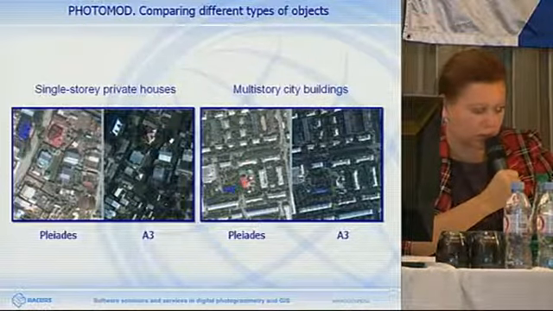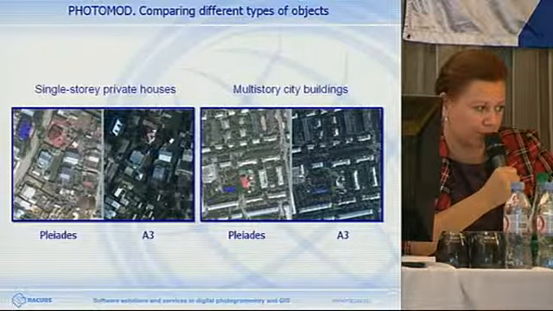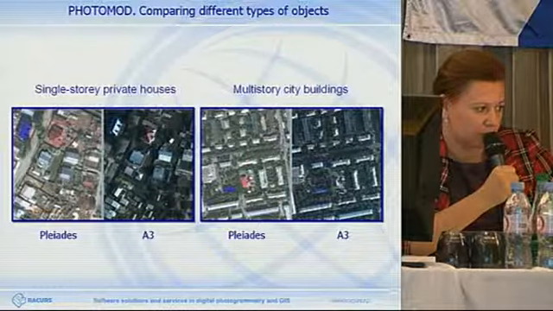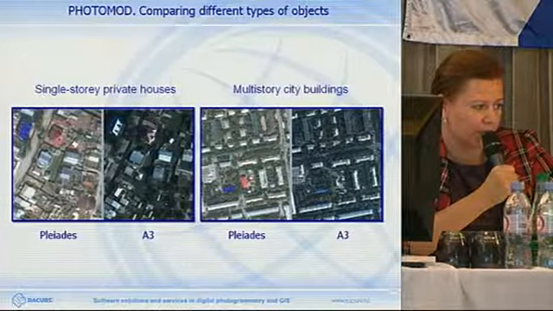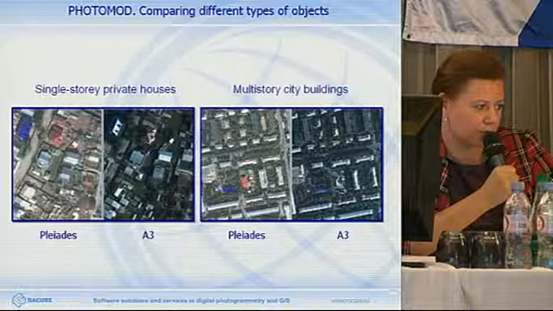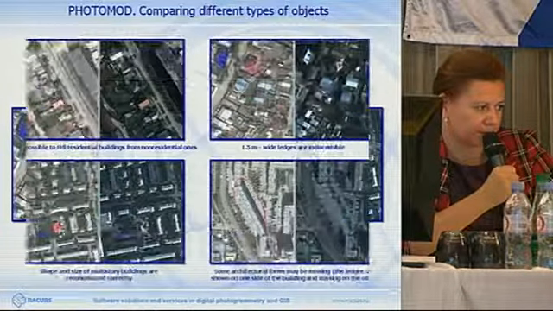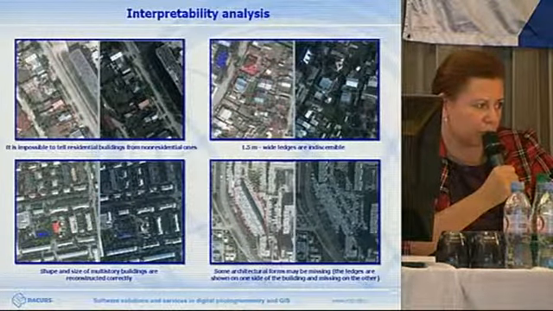We analyzed 40 houses in city buildings and 43 in private homes. So on this slide we can see ortho photos received from Pleiades, and on the right images obtained by A3 camera.